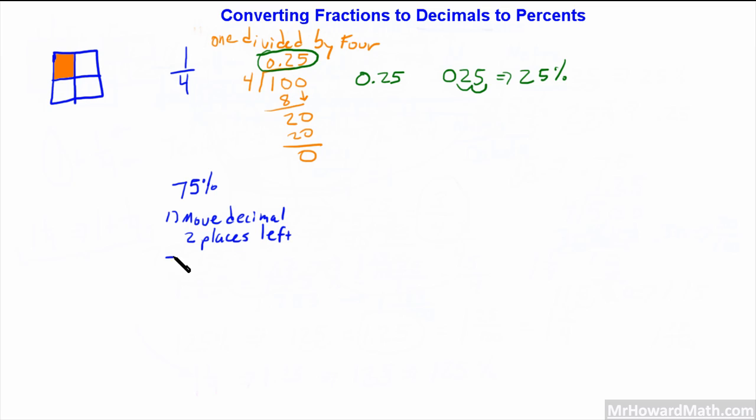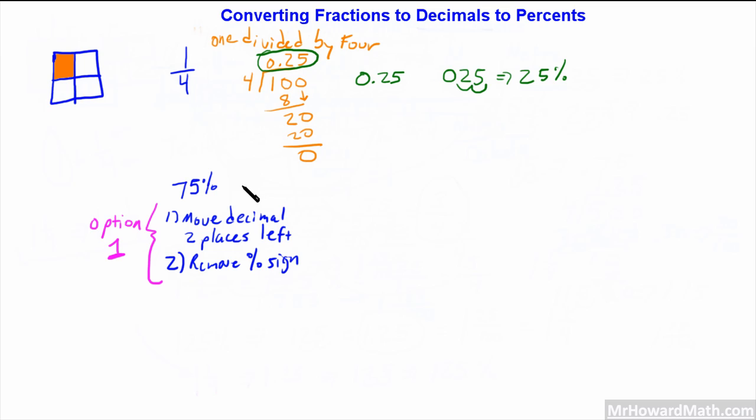Alright, step 2, we remove percent sign. Okay, so I'm gonna mark this as option 1 right here. Option 1. And you can choose the one that works best for you.